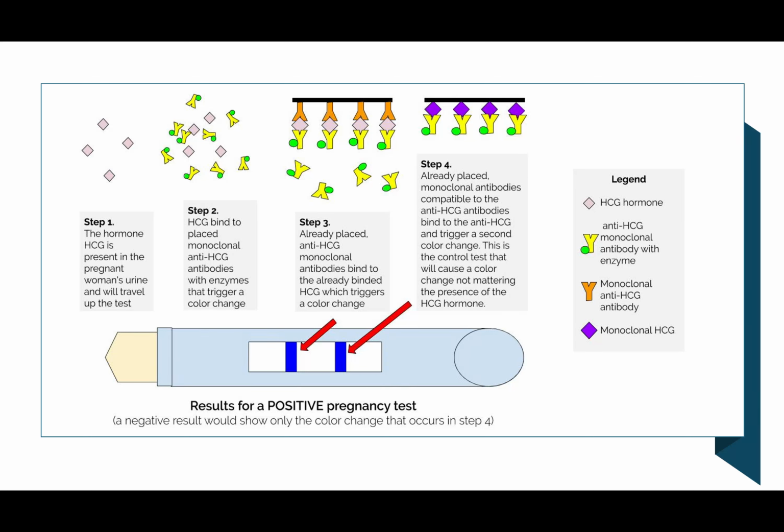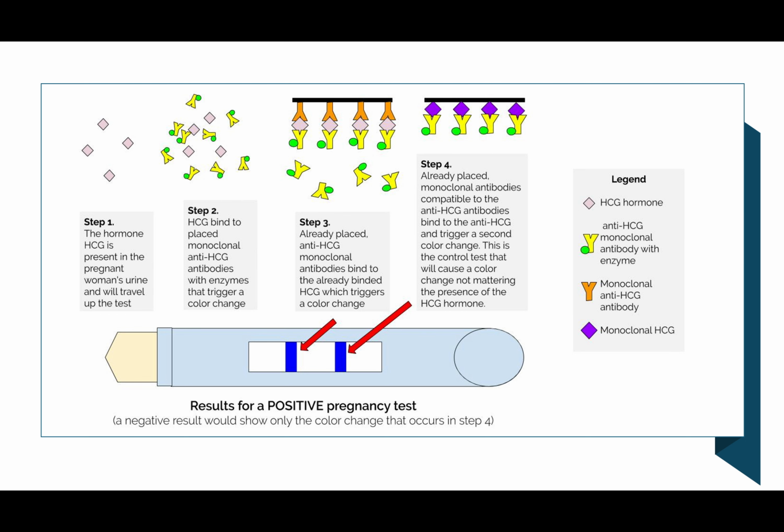We use the ELISA process, enzyme-linked immunosorbent assay, and it's basically chromatography. It's not really anything else. So the mobile phase will move up the stationary phase, and on the stationary phase we have two areas: a test area and a control area.